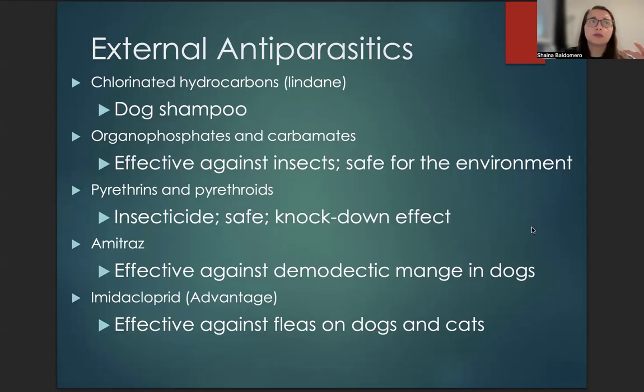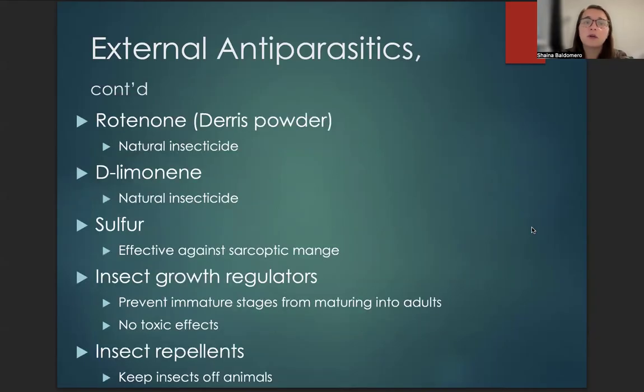Any of those prescription grade preventatives are going to be the best quality and the safest medication to use, which I think any dog or cat that goes outside should be on. Definitely.